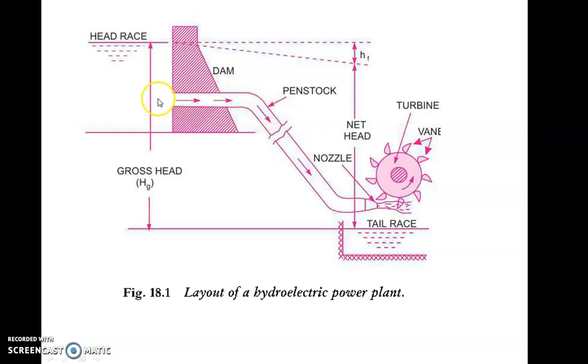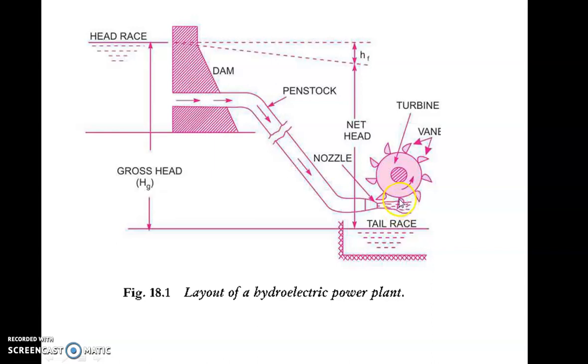When water is coming from the base of the dam through this pipe or penstock, it comes at the outlet of the pipe, which is called a nozzle. So there is a nozzle provided at the outlet of the penstock. Why is this nozzle provided? Because we want to increase the velocity of this water so that the kinetic energy is available to hit the bucket.